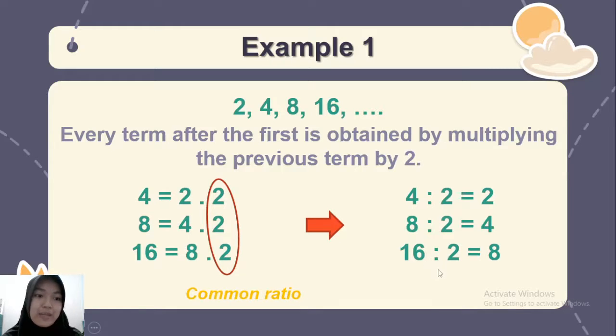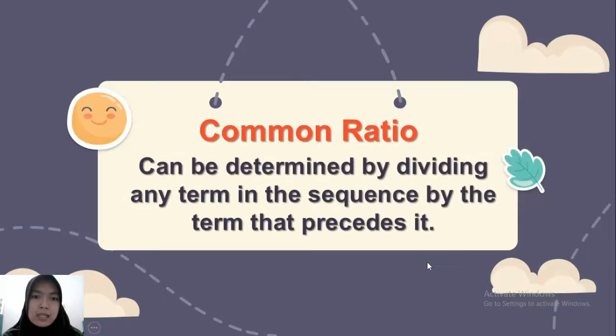This is how we get the common ratio, which is 2. Thus, the common ratio can be determined by dividing any term in the sequence by the term that precedes it.